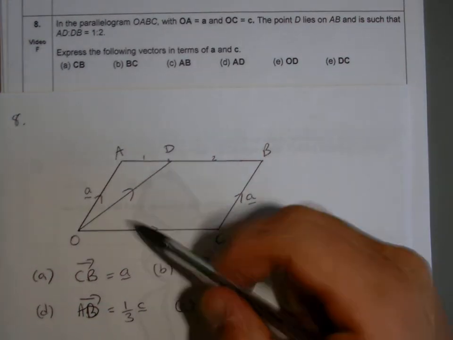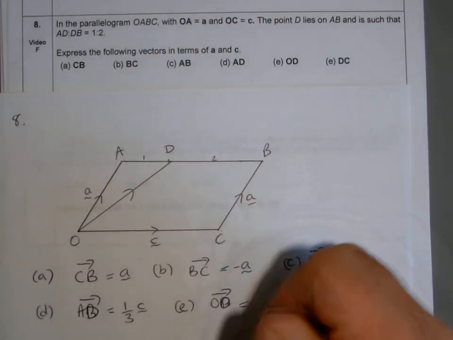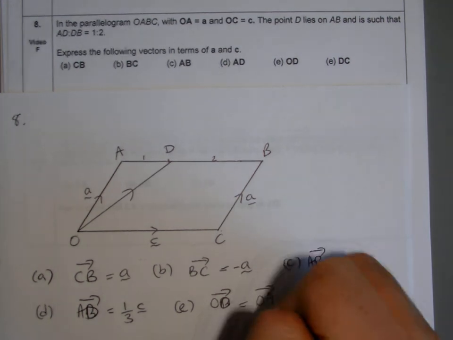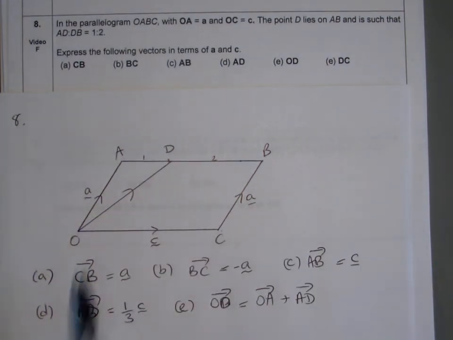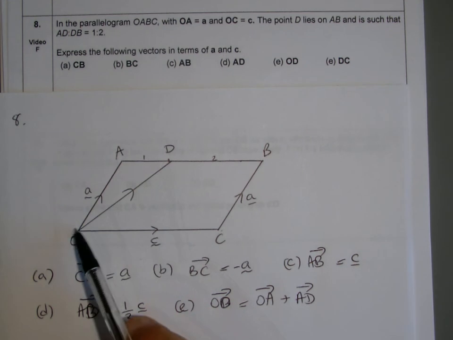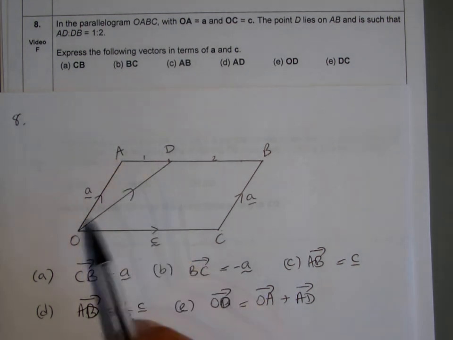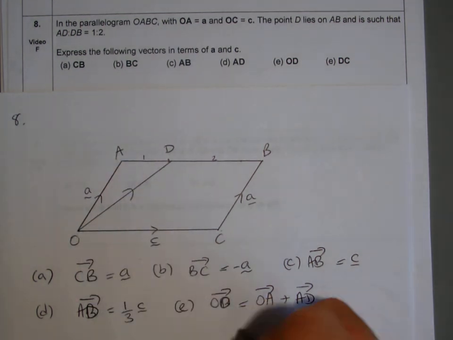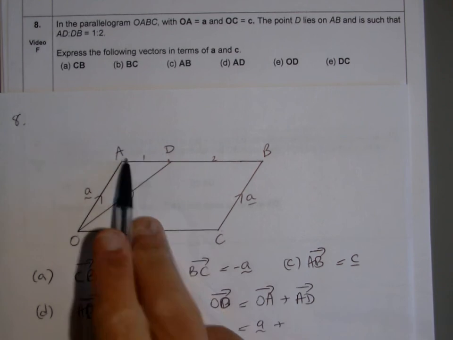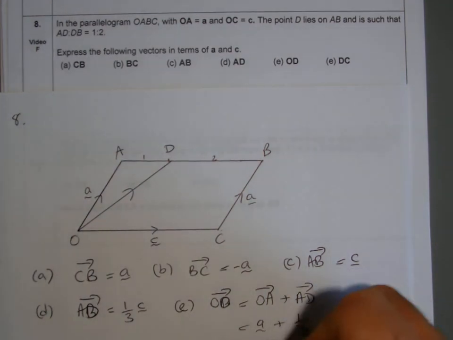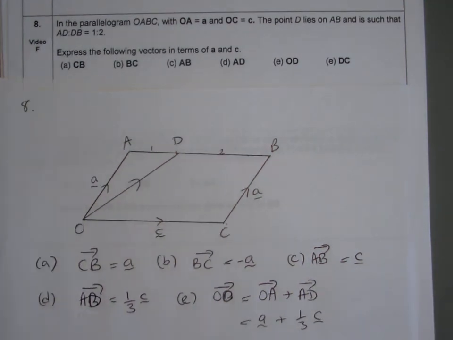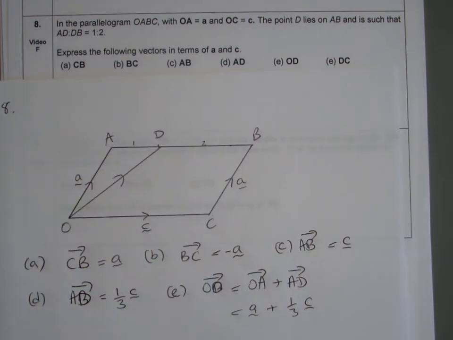We could think of it as going from O to A plus A to D. That displacement there is equivalent to going O to A plus A to D. Now we know O to A is little a, and we know A to D, we got the answer before, is 1/3 little c. It's a third of AB, of course.